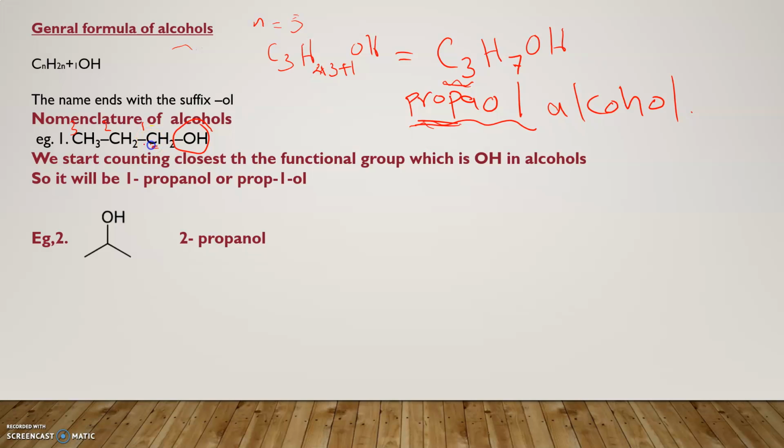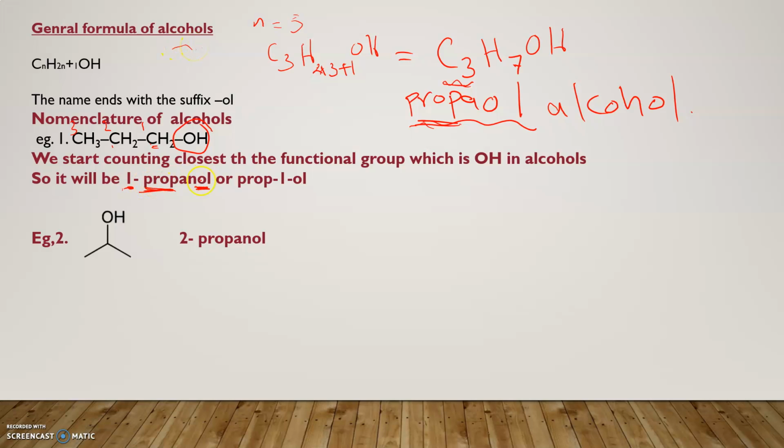So here we have 1, 2, 3 carbons, and the functional group is at carbon 1. So the name will be 1, and since we have 3 carbons, it's prop. This is the name of the stem. And then we add OL, which shows that this suffix belongs to alcohols.